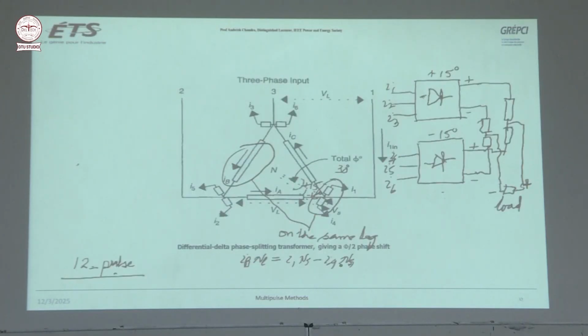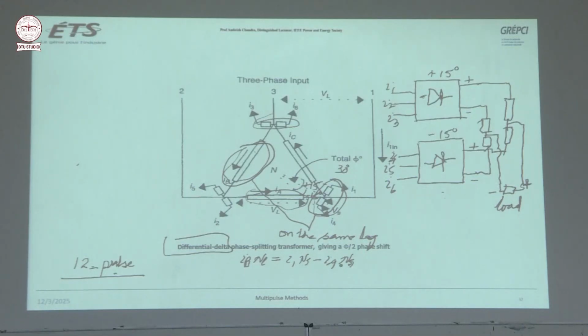Then we have differential delta. Differential delta is very popular. Okay, so you can see these windings and these windings, they are on the same leg, and this winding and these two winding, they are on the same leg.